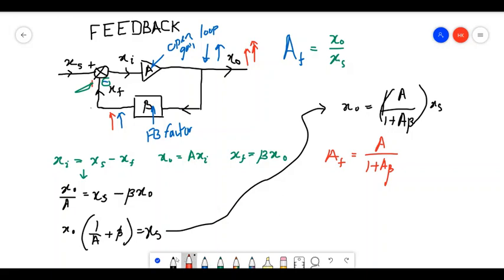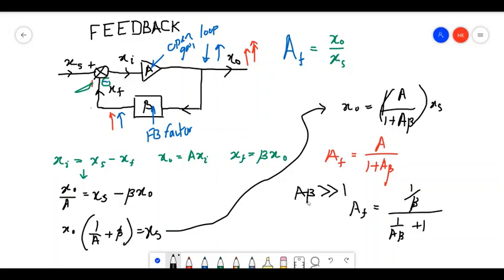Also, there is a small assumption that we can make in some systems. If this A beta product is considerably larger than 1, we can further simplify it. So if I divide both the numerator and denominator by A beta, I can write this as 1 over beta divided by (1 over A beta plus 1).